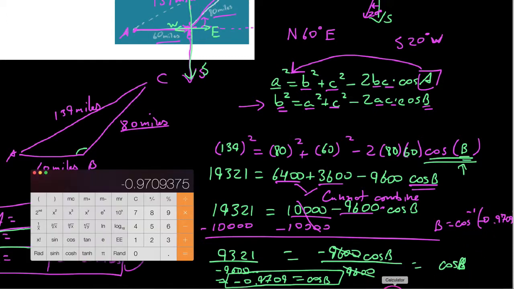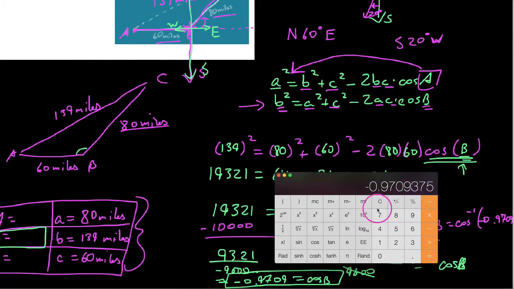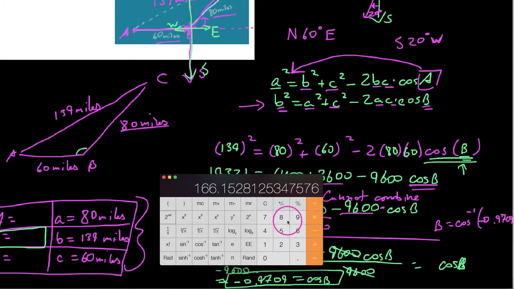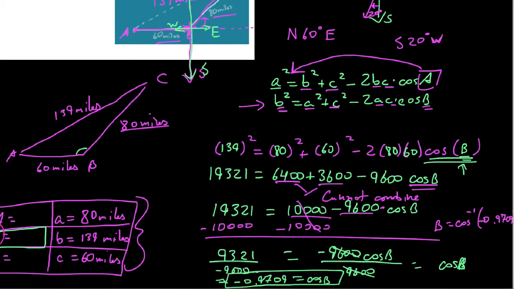So we're going to get our calculator out now. And actually, I'm going to take the cosine inverse of all of this since I have it all available to me. So we say second, and cosine inverse is right here. And I am in degrees, so 166.15-ish degrees. When you talk about an angle, let's go out one decimal place. So we say about 166.2 degrees. So angle B is 166.2 degrees.